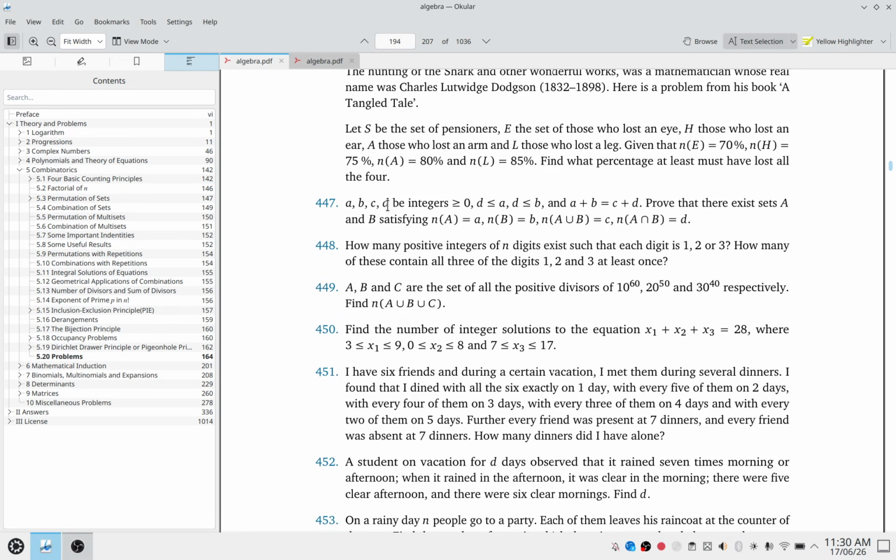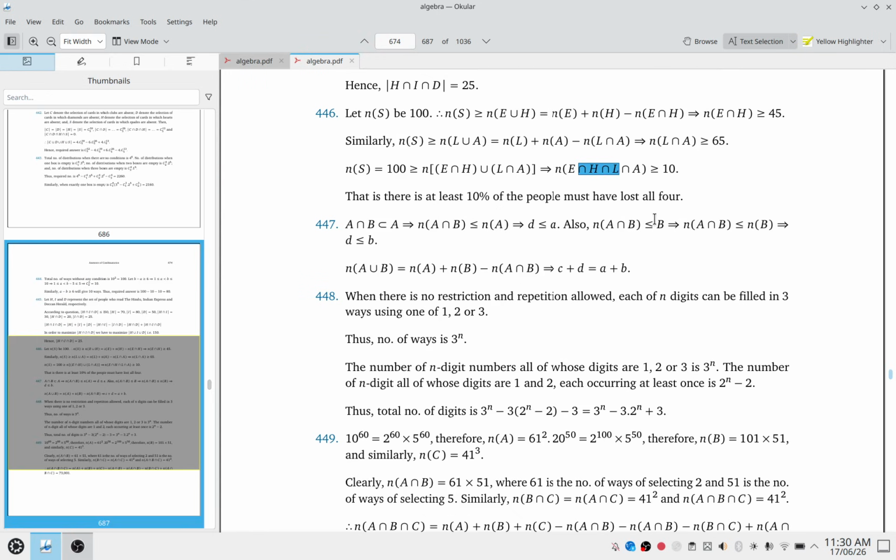Question 447 says that a, b, c, d are integers greater than or equal to 0, d less than or equal to a, d less than or equal to b, and a plus b is equal to c plus d. Prove that there exist sets A and B satisfying n(A) is equal to a, n(B) is equal to b, n(A union B) is equal to c, and n(A intersection B) is equal to d.